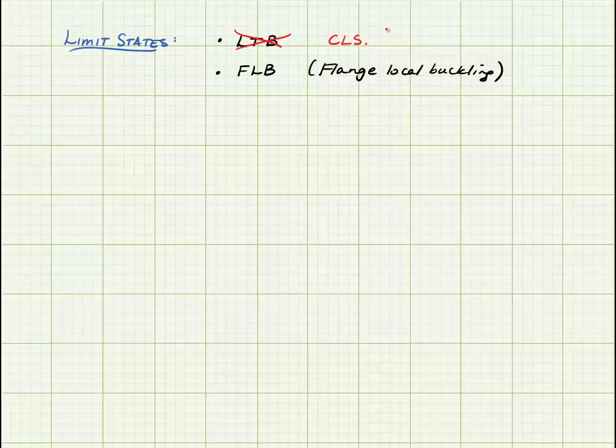But we are going to be in section F3 of the specification. So let's go ahead and calculate the capacity for flange local buckling.